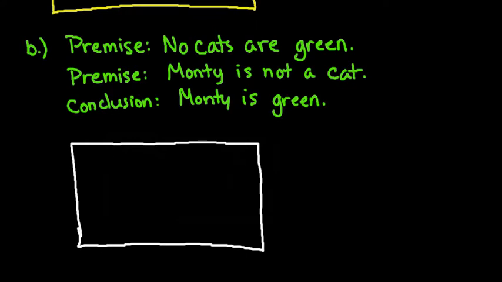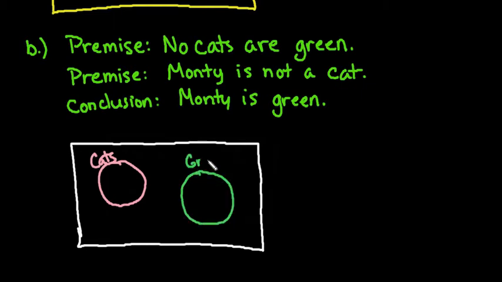That means that if I take my circle of cats, and I have another circle for green items, no cats are green means that there is no overlap between the two sets, cats and green items.